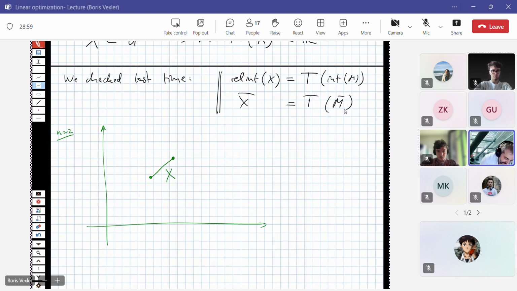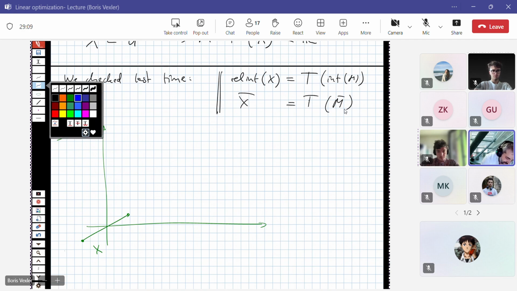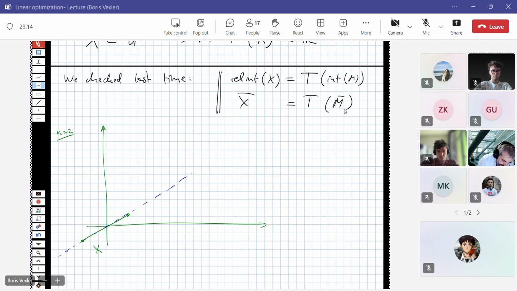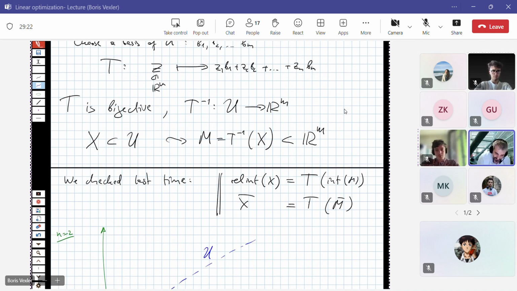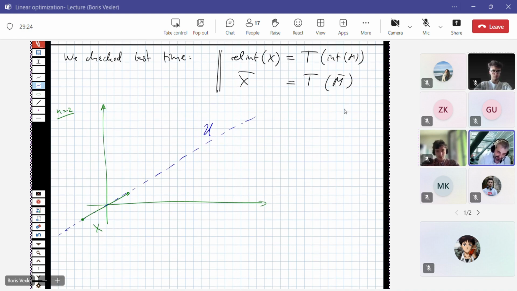This is capital X, such that 0 is an element of it. Then of course this line is U. And now we can map this U, as I told you, to just R^1.